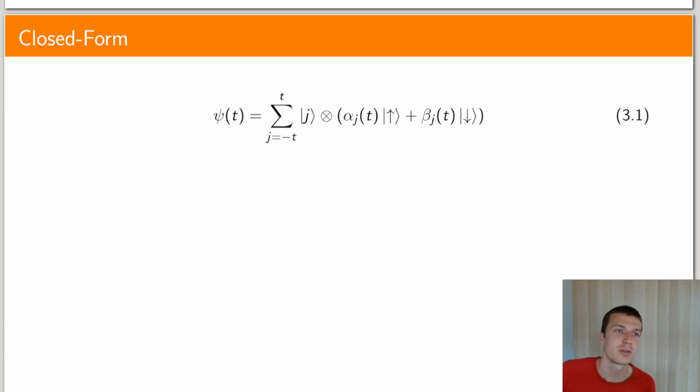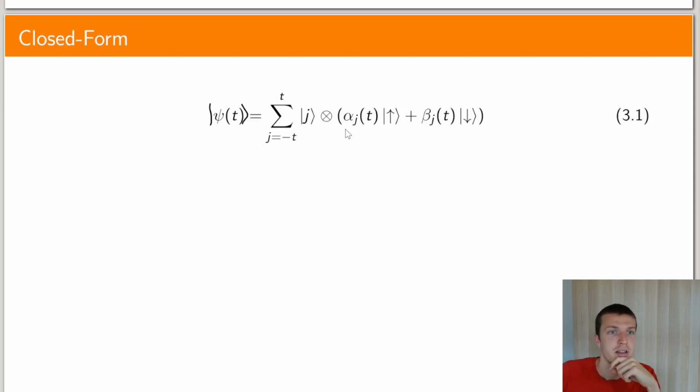As a kind of bonus, we can also analytically give you the coefficients for the random walk after a specific time. We expand the state at some time in the number basis of the lattice and the up and the down state.